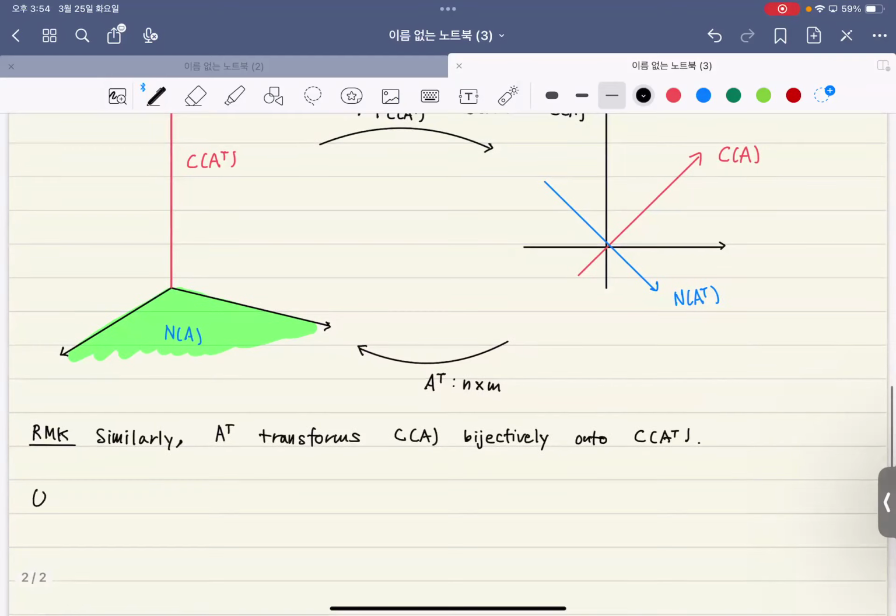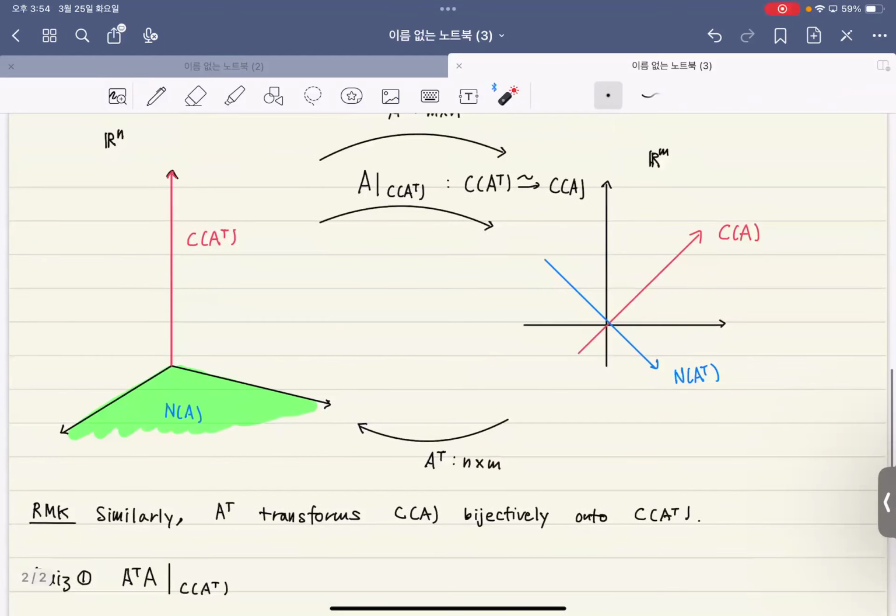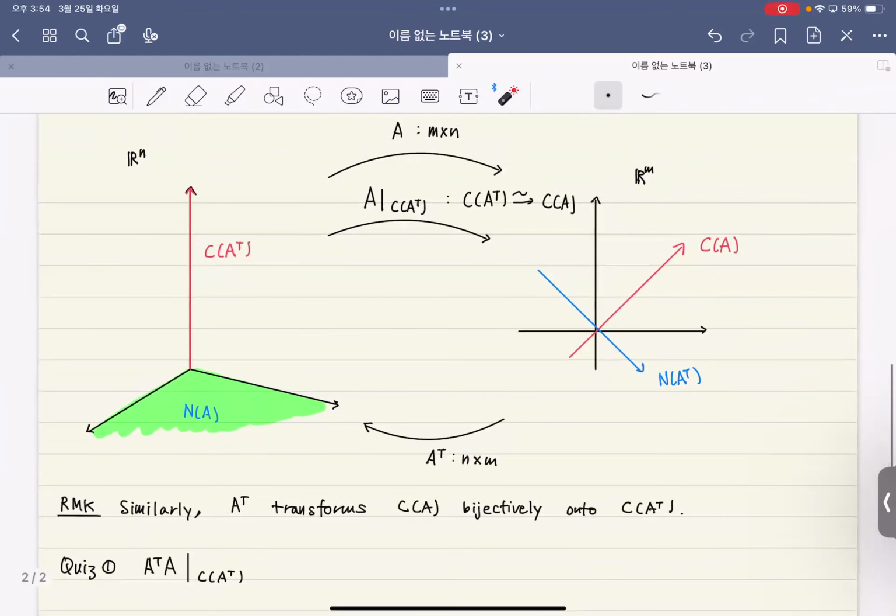Okay, and I have prepared two silly quizzes. Quiz number 1. I want you to consider this map. What is this? A followed by A transpose, and the domain has been restricted to the row space.